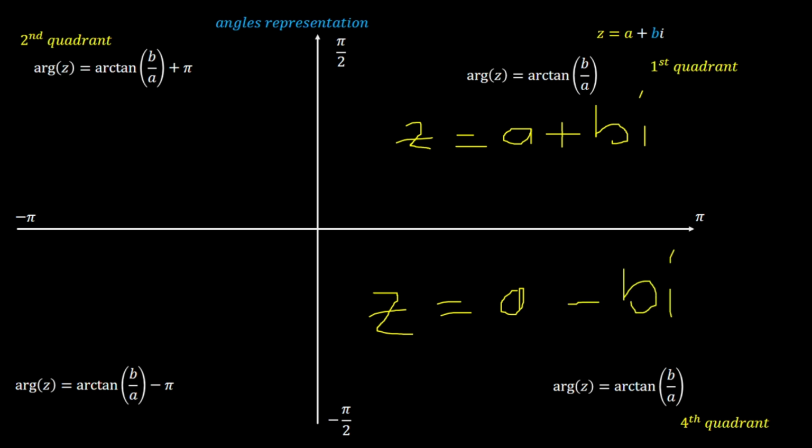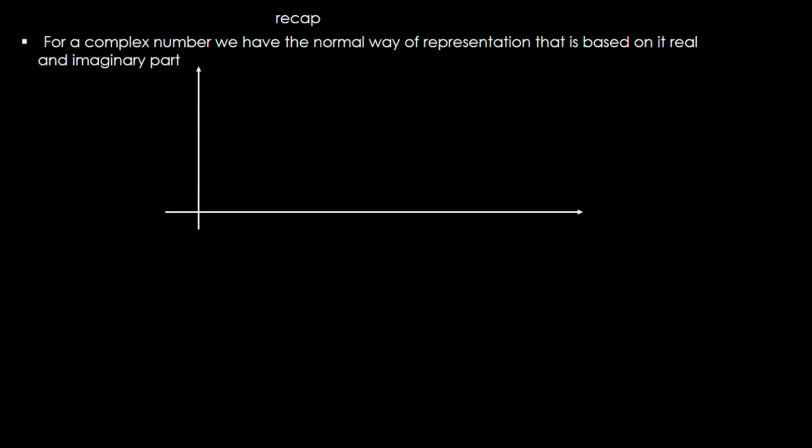In the second quadrant, it looks like negative a plus bi. And the third quadrant, we have negative a minus bi. Exactly, that's what we have concretely. For a complex number, the normal way of representing it is based on its real and imaginary part.